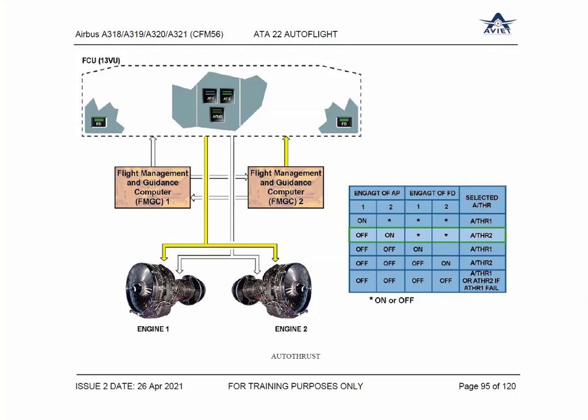FMGC. Which FMGC? So FMGC 2. Yes. So full control will be on FMGC2, master FMGC, autopilot and auto thrust. But the FD bar will be going from the respective FMGC, as long as both are working.